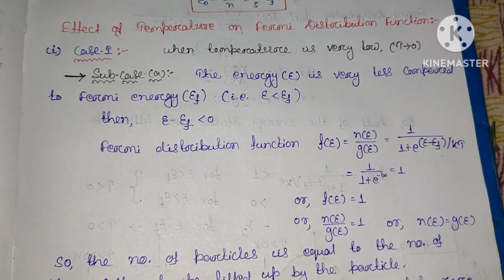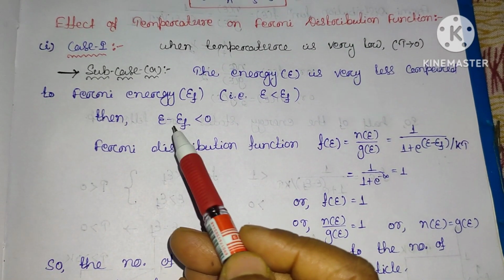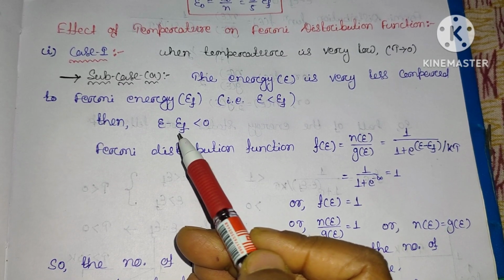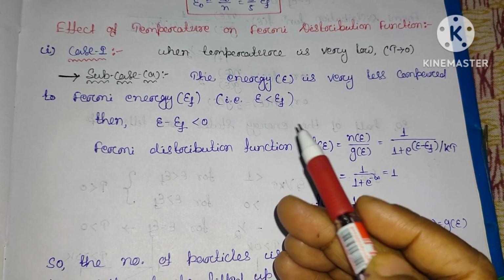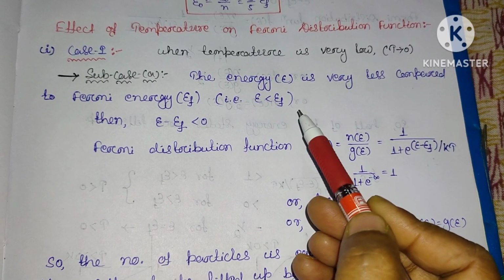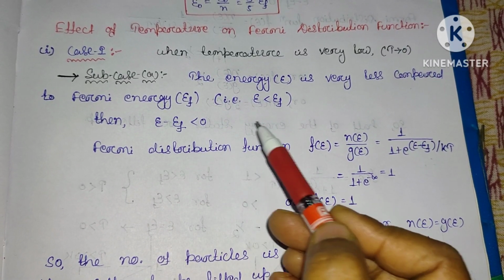We have already discussed what the Fermi energy is. At absolute zero temperature, when the system is in thermal equilibrium, this is the highest occupied state. Fermi energy is the highest occupied state.